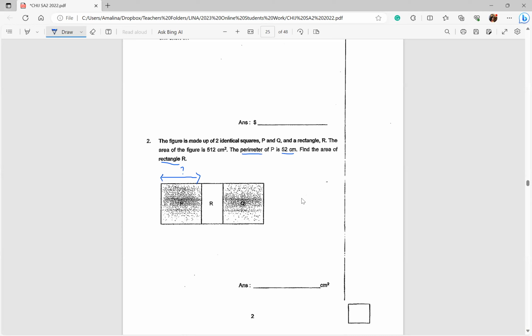How do I find one side of P? I will take my 52 cm and divide by 4 first, so I will get 13. So I know now that one side of my square is 13 cm.